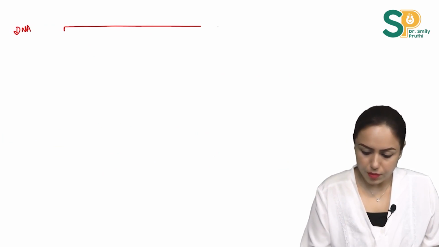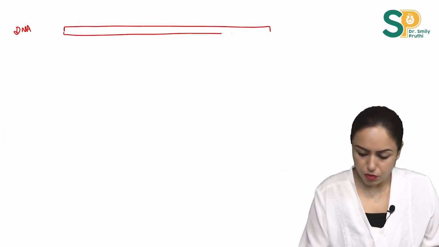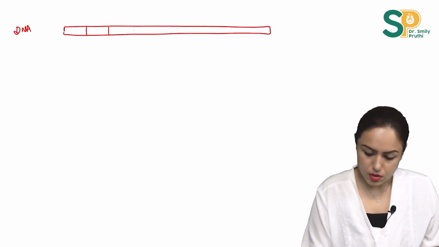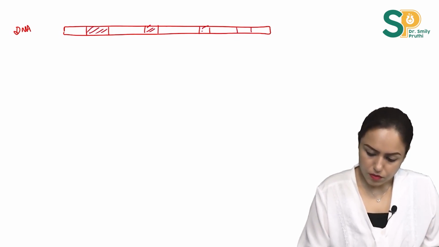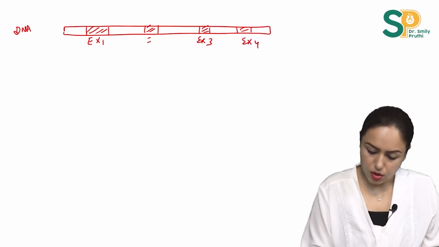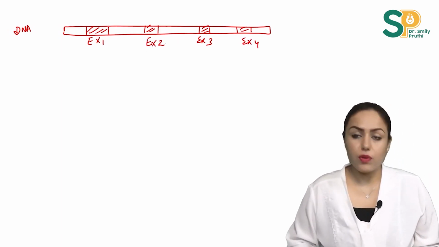For example, there is a DNA segment with 4 exons. This is exon 1, exon 2, exon 3 and exon 4, right?